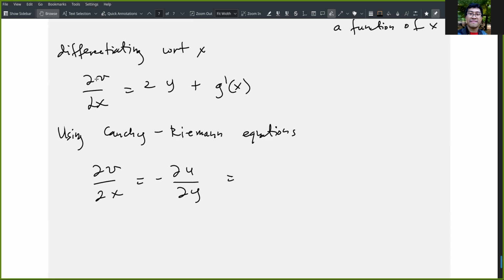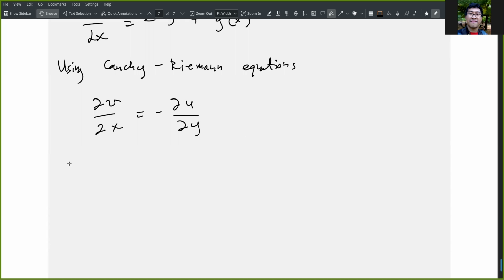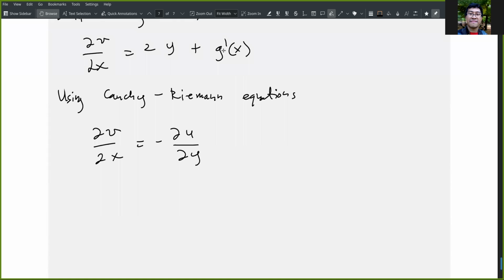By the way, let's write this one here first. Partial v with respect to x is this here, that's 2y plus g prime of x.